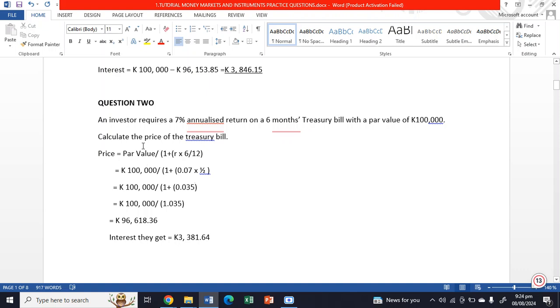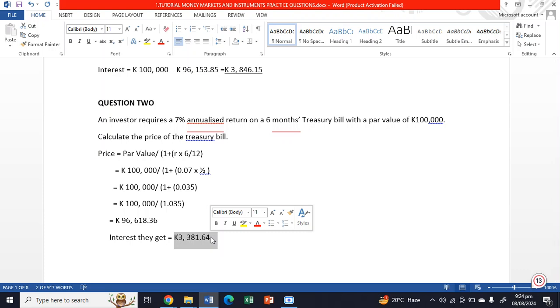So we calculate the price of the treasury bill, 100,000 divided by 1.035, we get 96,618.36. This is how much they'll pay for the treasury bill. After 6 months, they get paid 100,000. So the interest that they get, you just say 100,000 minus 96,618 and you get 3,381.64.